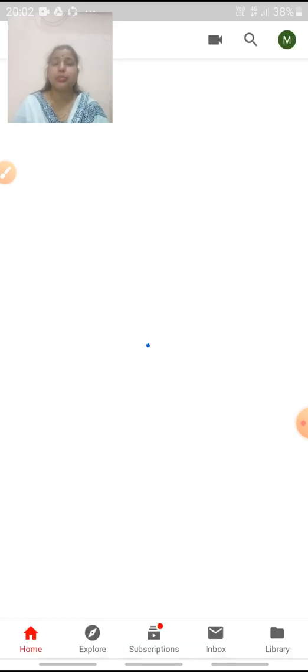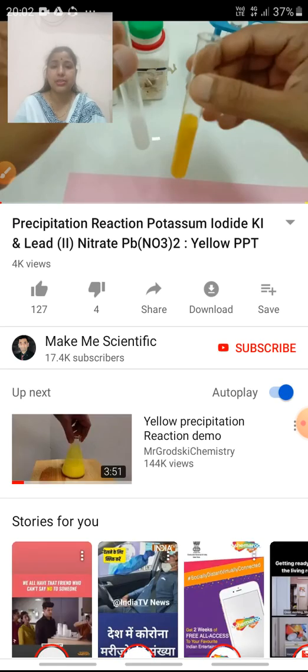Here in this reaction, a yellow colored precipitate will be formed. So you all can now see the demonstration. Children, the reaction is a formation of precipitate.